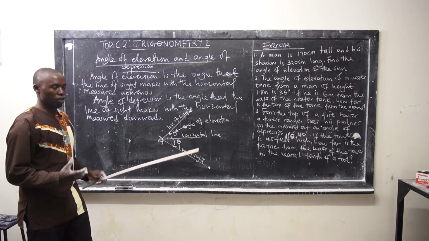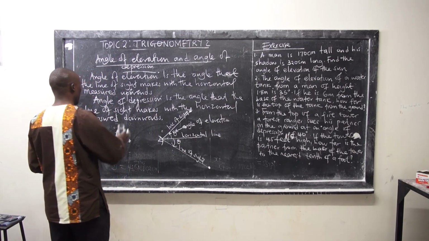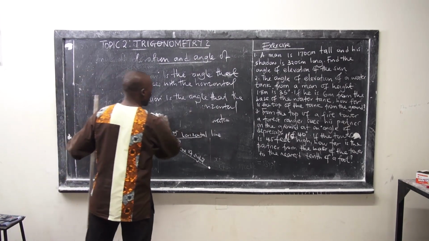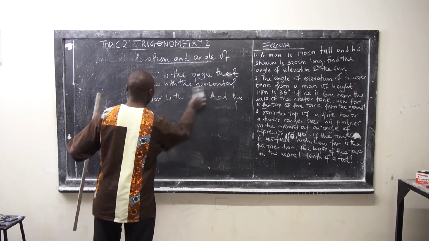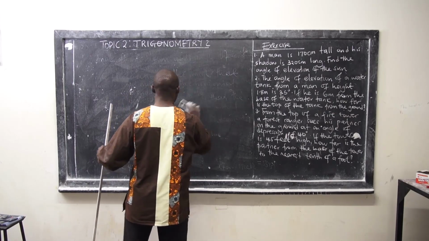Then we can use the knowledge of alternating angles and other angles to come up with the final observation. So now let's look at two examples, one on depression and one on elevation.